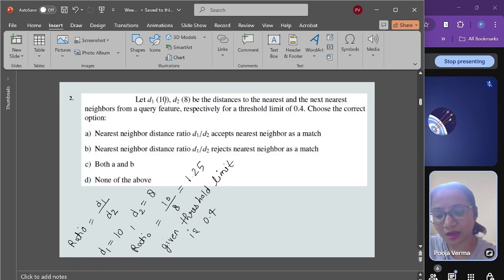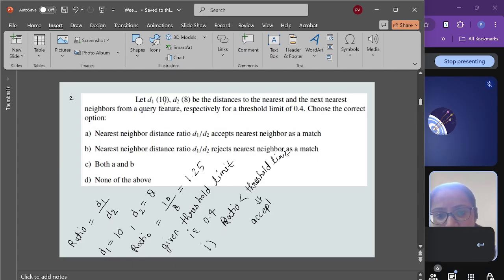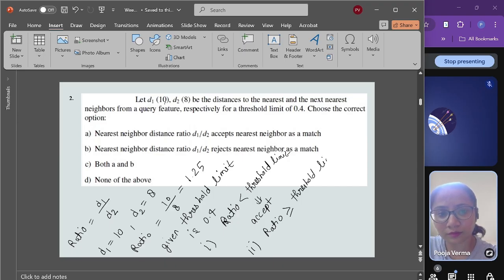So I am writing in short: if the ratio is less than the threshold limit, it accepts; if the ratio is greater than or equal to the threshold limit, it rejects the nearest neighbor.